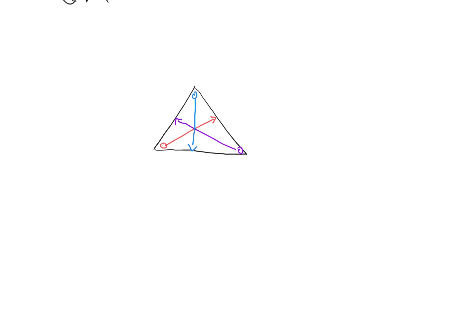So what does that mean? If I were to label this A, this B, and this C, basically the law of sines would say, well, this side was side A, this side B, and this side C. It says side A over sine of angle A is equivalent to side B over the sine of B, which is also equivalent to side C over sine of C. So basically the opposite angles and sides are proportional to each other.